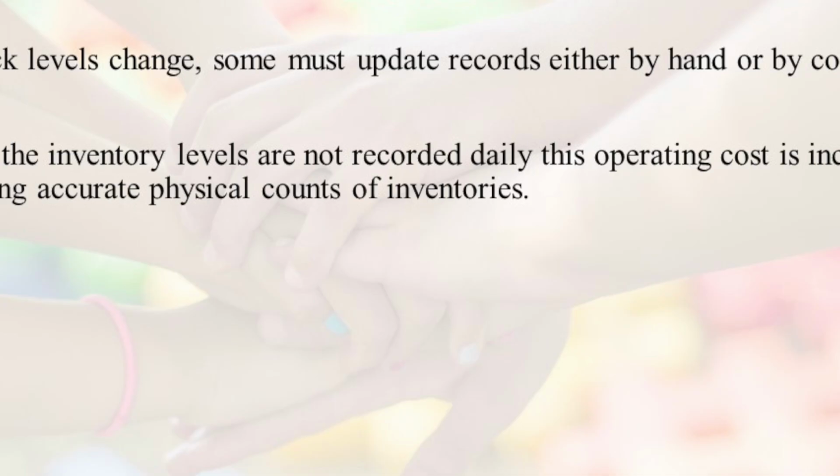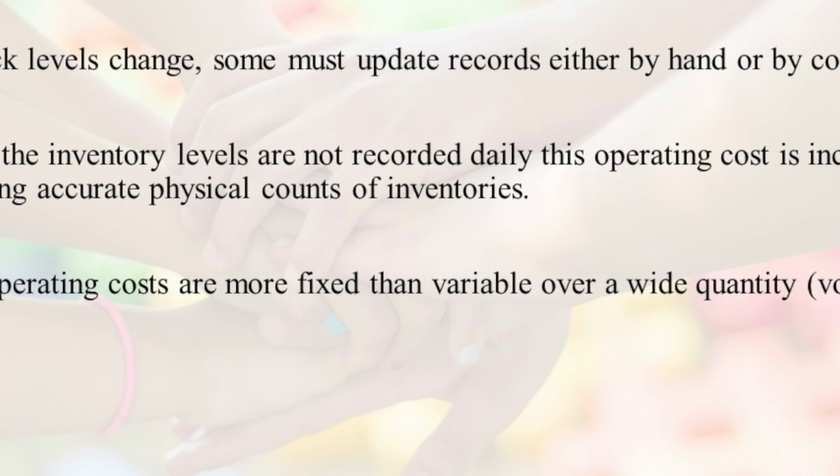Where inventory levels are not recorded daily, this operating cost is incurred in obtaining an accurate physical count of inventory. And you will appreciate that if you have a record of inventory, it is very simple to manage the inventory. Such operating costs are more fixed than variable because they have a fixed man, fixed computer, and fixed other environmental costs.